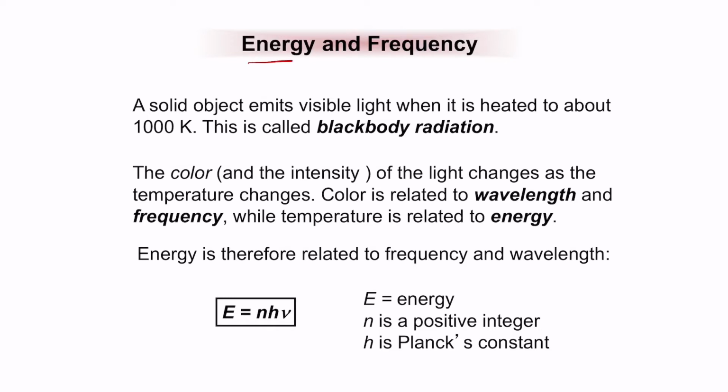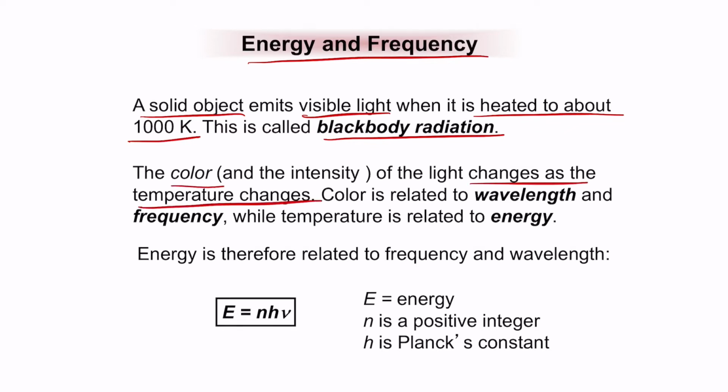Now let's discuss energy and frequency. So a solid object in general emits visible light when you heat it up to 1000 Kelvin. So this type of radiation is called black body radiation. Now the color of the light changes as the temperature changes, because color here is related to the wavelength and frequency, while the temperature is related to energy.